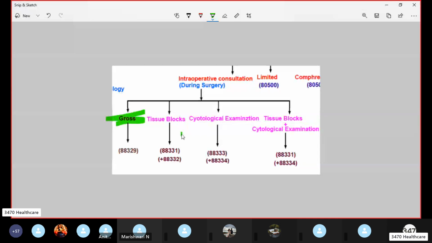It is the tissue block examination. Initial tissue block is 88331, each additional tissue block is 88332.